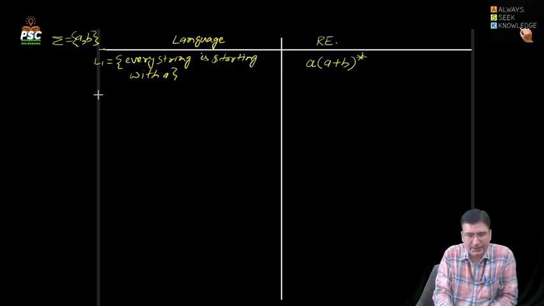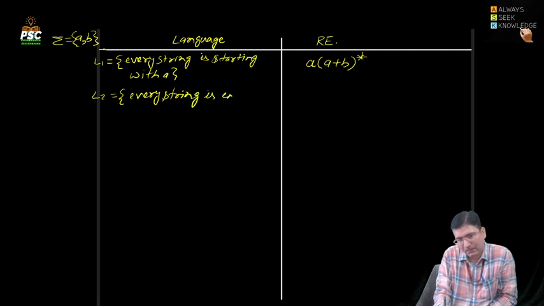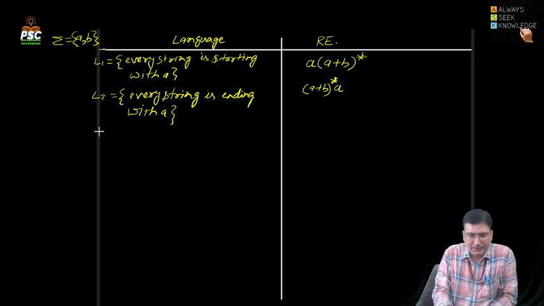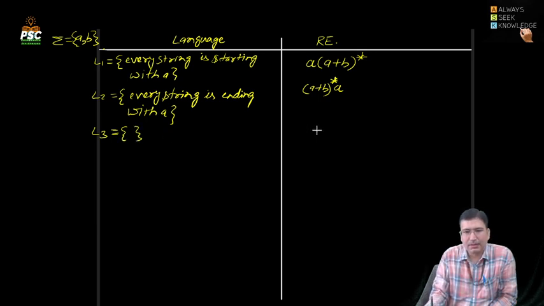Okay, so if I say there is another language too where every string is ending with a, that means I can write a fixed in the end, but before that anything can come in the sequence of a or b, right? If I say there's a language L3 which does not have any string, an empty language, for that the regular expression we will represent as phi.